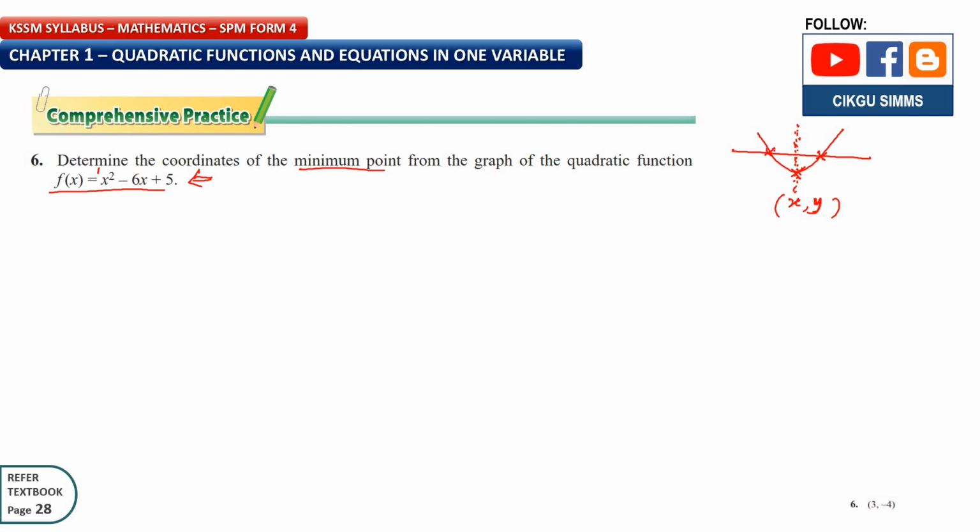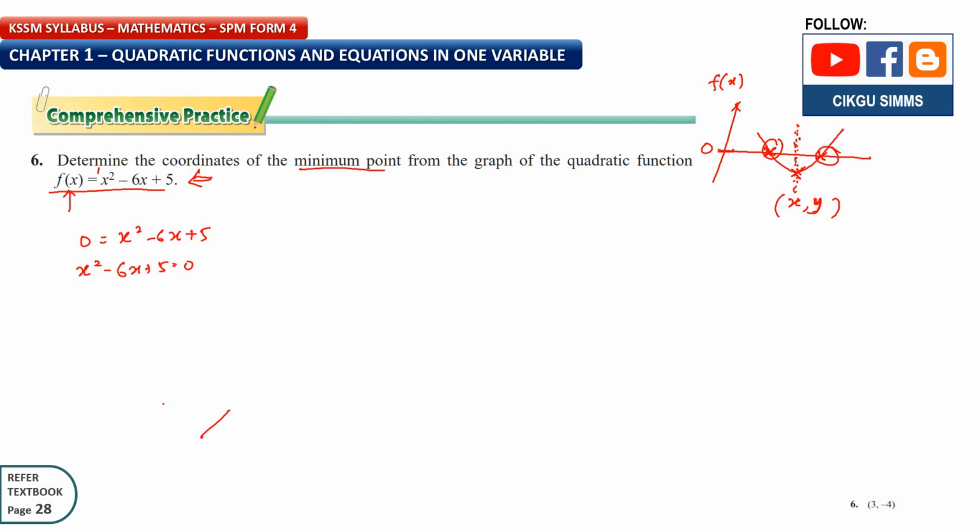To find these two roots first, because for these roots your f(x) is 0, right? So you need to let this thing become 0. So 0 equals x squared minus 6x plus 5.